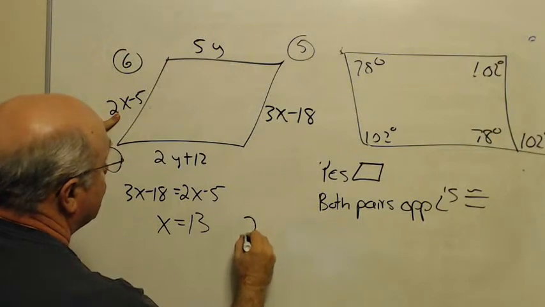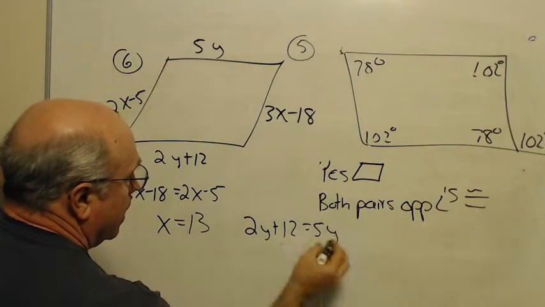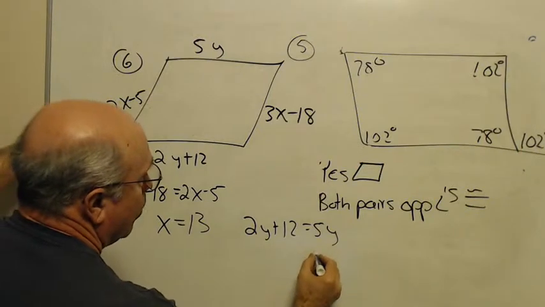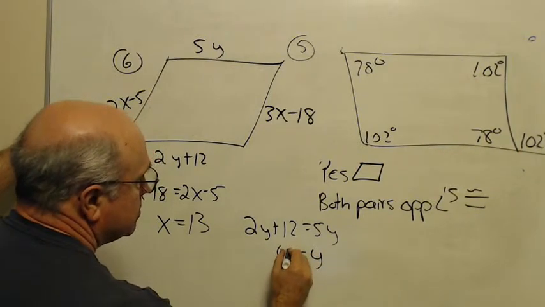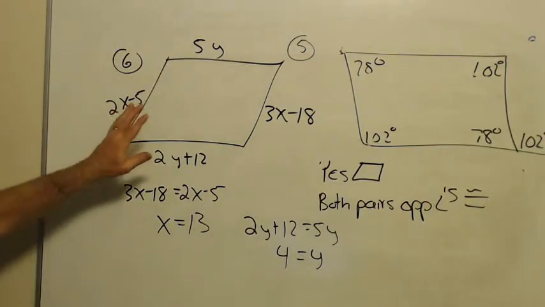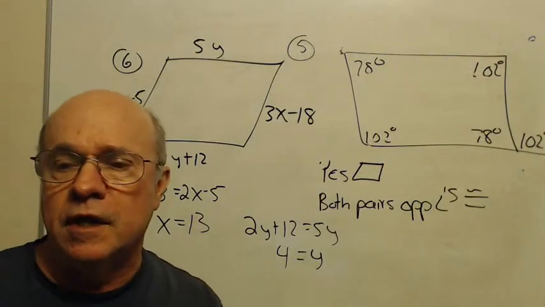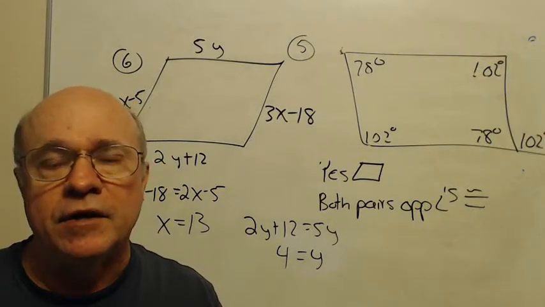So you have 2y plus 12 equals 5y, and that's going to be y equals 4 in a couple of steps. Okay, so problems that ask you to, as it says here, find x and y that make it a parallelogram, all you want to do is just assume it's a parallelogram to begin with and then find the values.